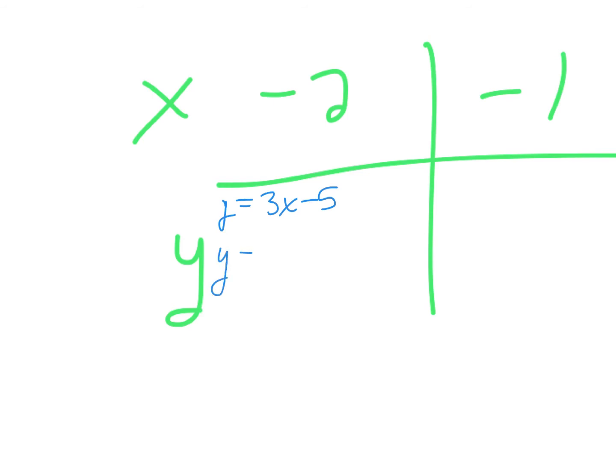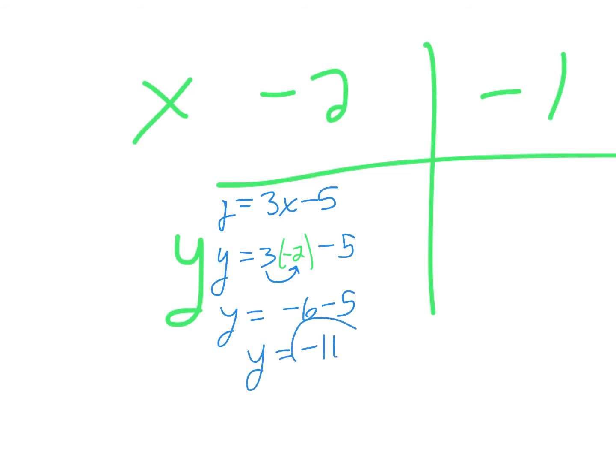So y is equal to 3 times -2 minus 5. Now we multiply: y is equal to -6 minus 5. So y is -11. Okay, so -11 is our first range value.